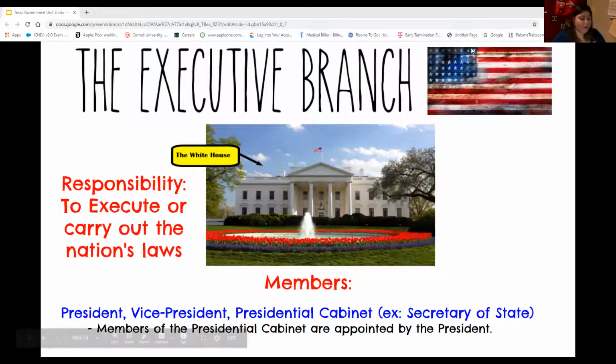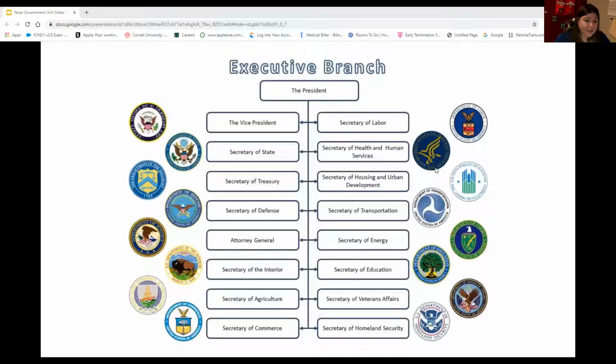What happens is the president is able to appoint people to his cabinet to help him execute the laws inside of the nation.